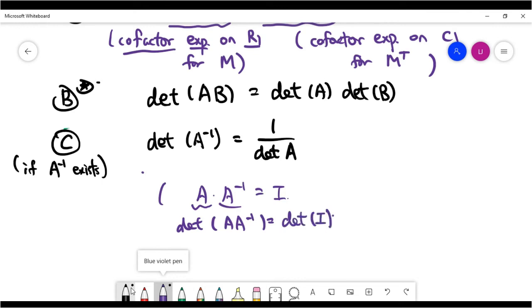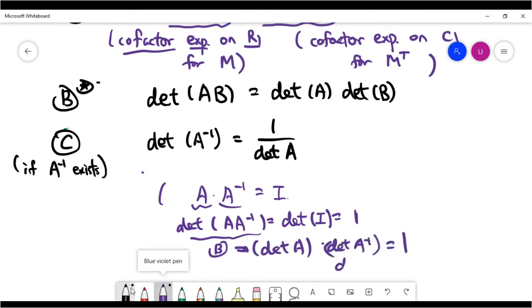The determinant of the identity on the right-hand side must be 1, right? And we can break down the left-hand side by property B, because it becomes determinant A times determinant of A inverse, which is equal to 1. So determinant of A inverse must be the same as 1 over determinant A, right?